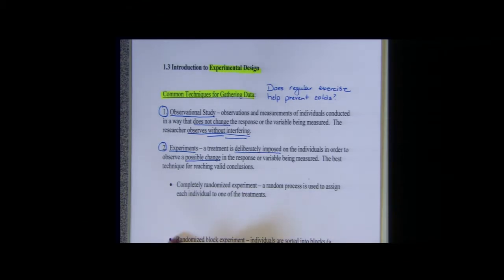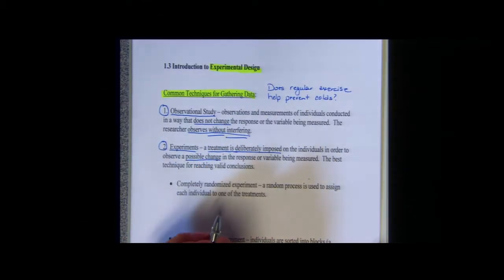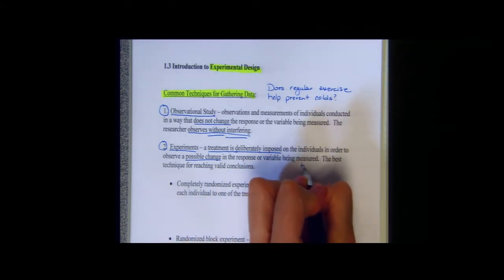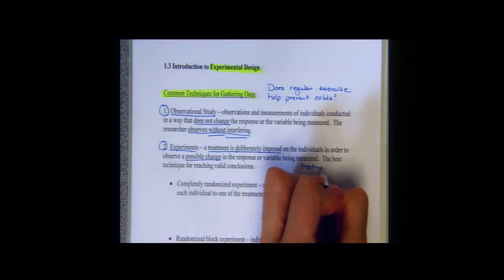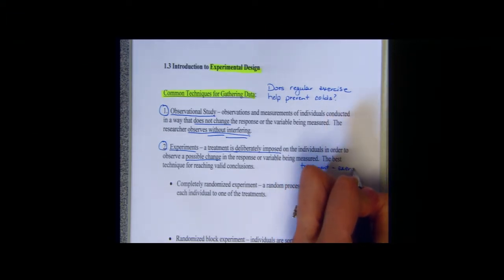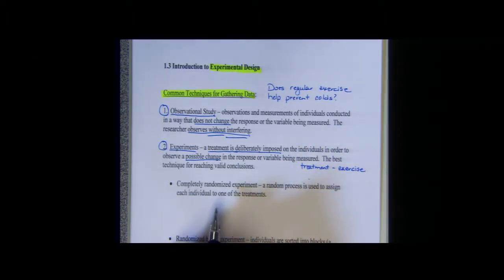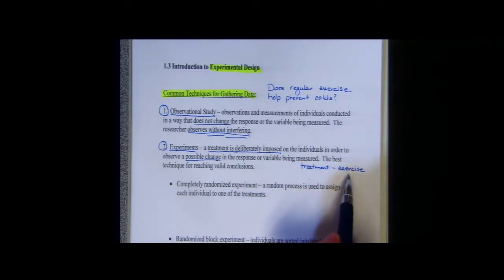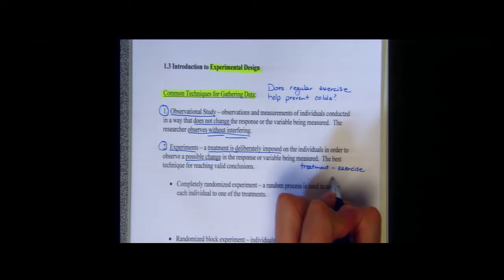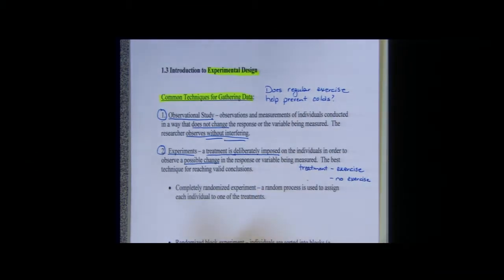So a treatment in our example would be where you asked them and had them do exercise. And then of course you would have one group that specifically does exercise, and then the other group there would be no exercise. That way you could compare the two.